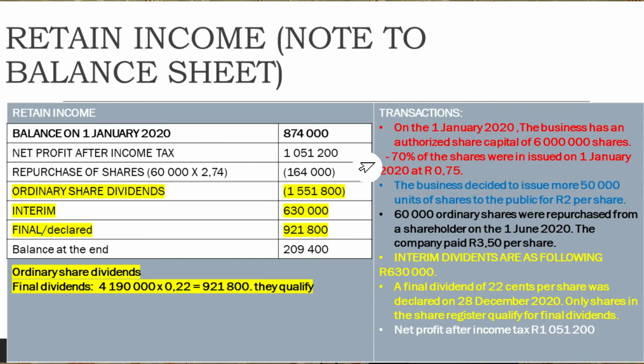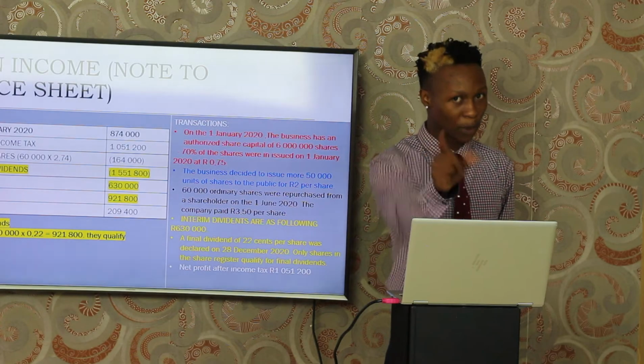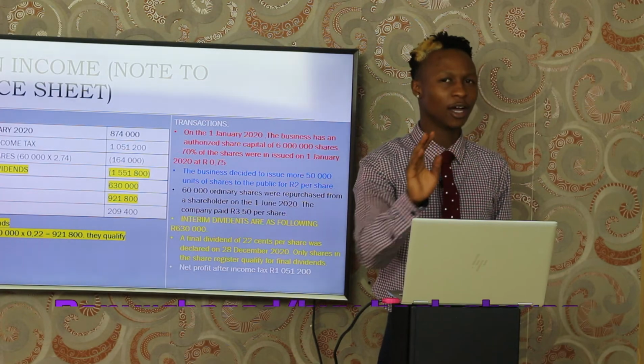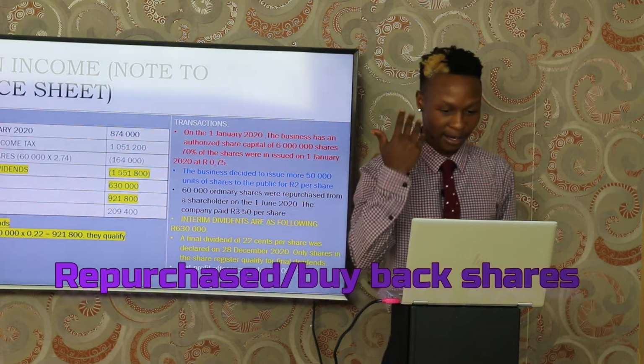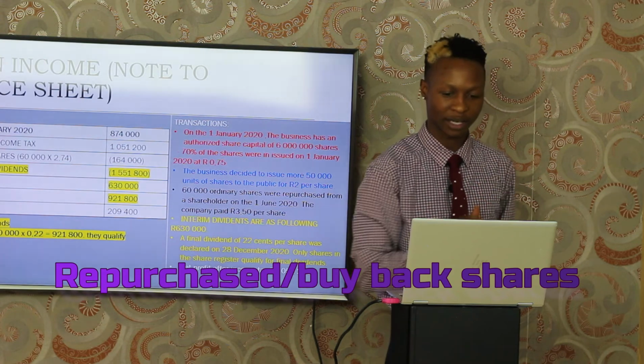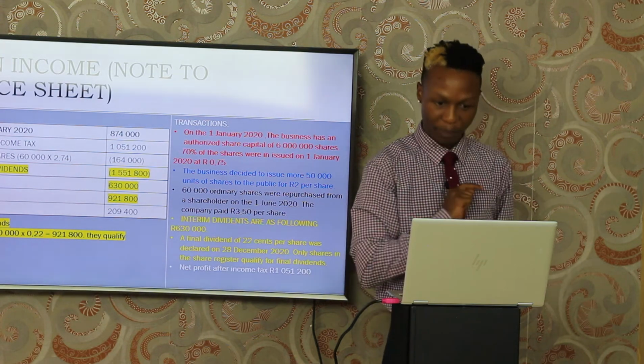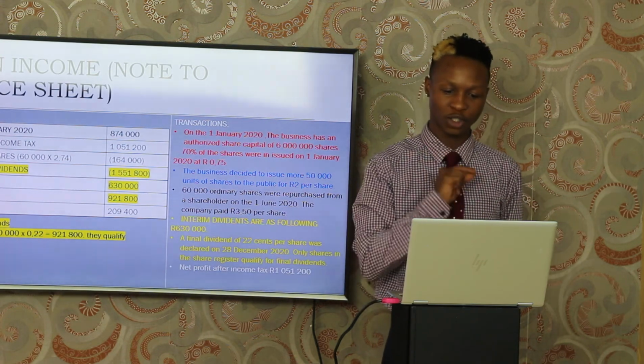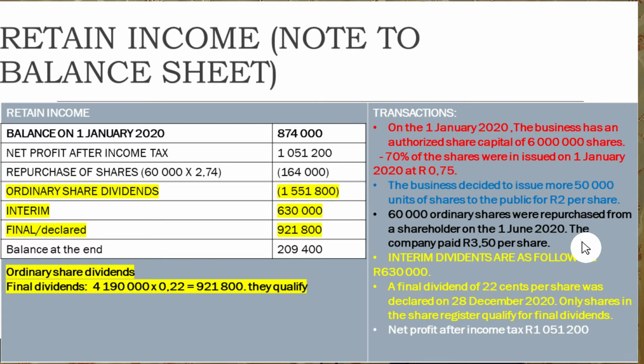And then, third transaction, 60,000 ordinary shares were repurchased. Because we repurchased, we are not issuing, but we are repurchasing, meaning that we can use this transaction in our retained income. They were repurchased from a shareholder on the 1st June 2020. The company paid $3.50 per share.